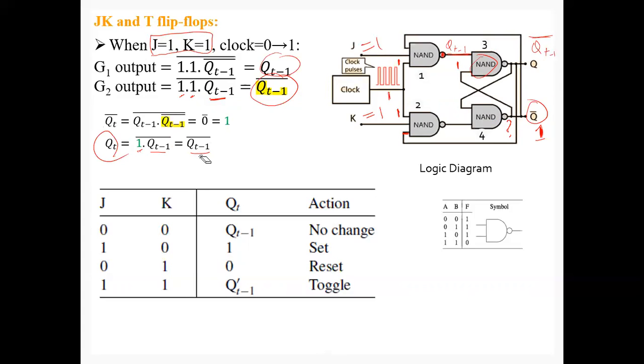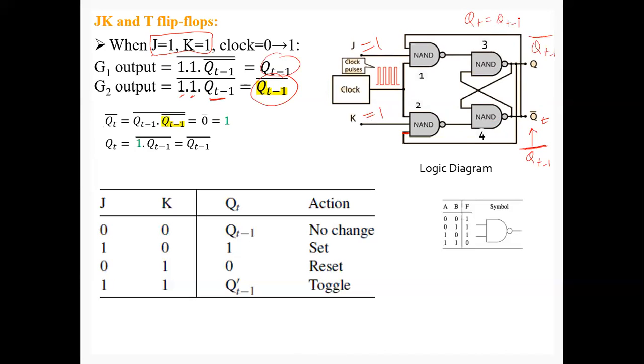What happened here? When I say Q(t-1) bar, this is the previous state here. My Q(t) equals Q(t-1) bar. If it were Q(t-1) simply, we call it hold.